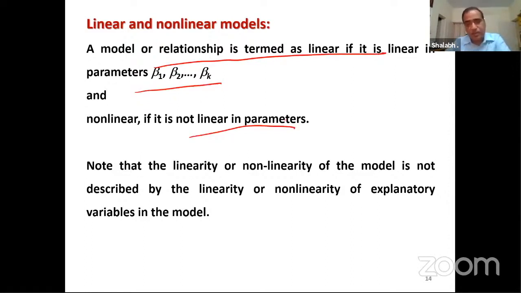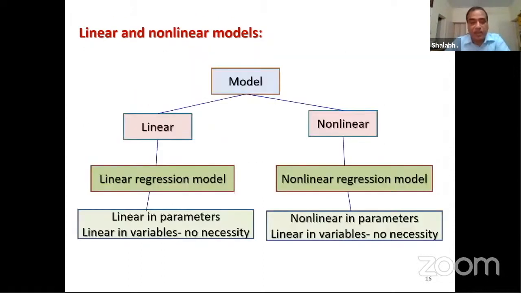Now, when you say that the relationship is linear with respect to the parameters, that means the way parameters enter your model, their powers have to be only one, right? So when you talk about regression modeling, the model can be either linear or non-linear.